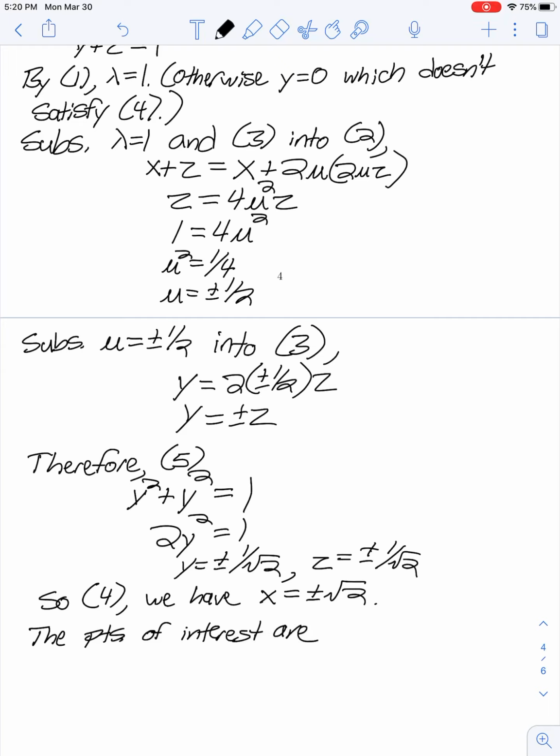So altogether, we find the points of interest are the points where x is equal to plus or minus the square root of 2, y is equal to plus or minus 1 over the square root of 2, and z is plus or minus 1 over the square root of 2.